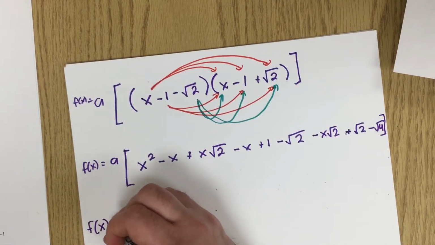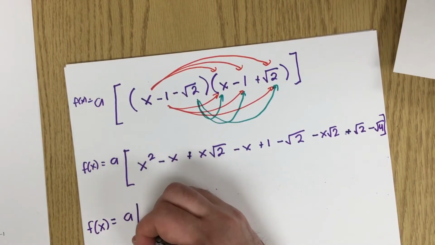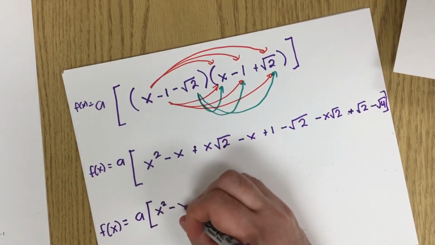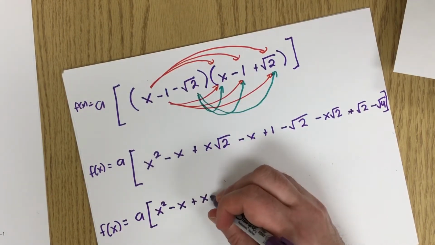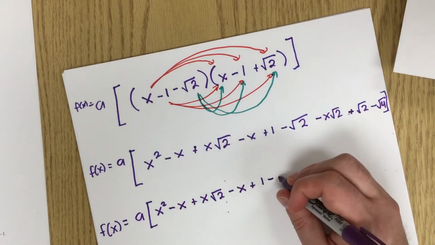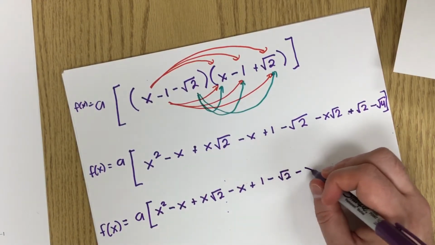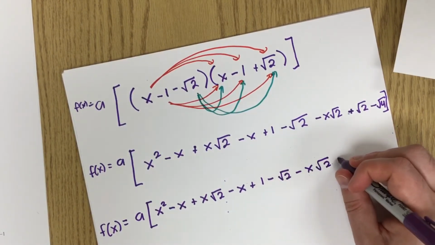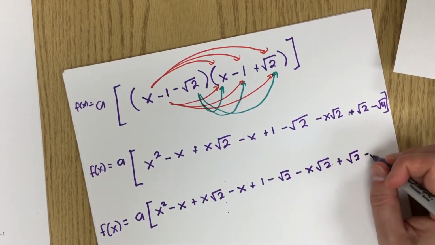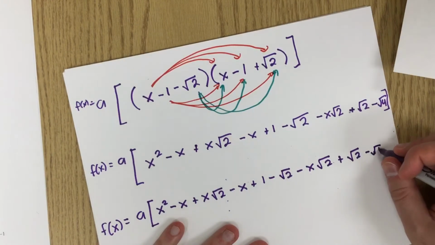So writing it out again, it's going to be x squared minus x plus x root 2 minus x plus 1 minus root 2 minus x root 2 plus root 2 minus root 4.